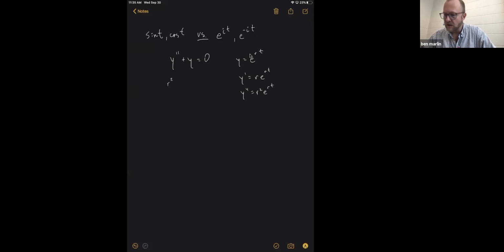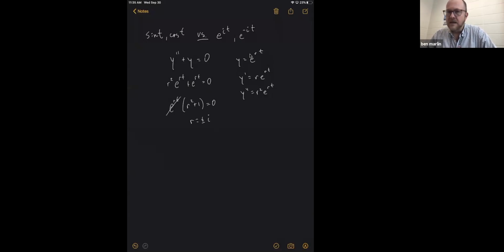So that means we have an r squared e to the rt plus an e to the rt equals 0. And if we factor out the e to the rt, we have r squared plus 1, and the whole thing equal to 0. Well, of course, e to the rt can never be 0, so we can just divide by it. And our r is plus or minus i.